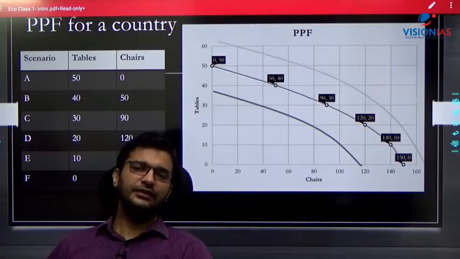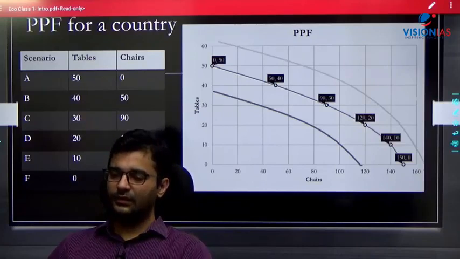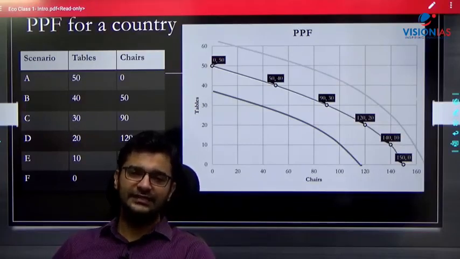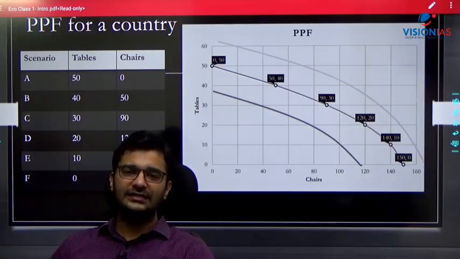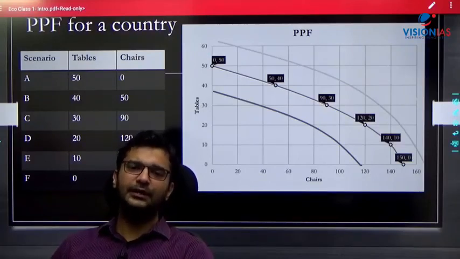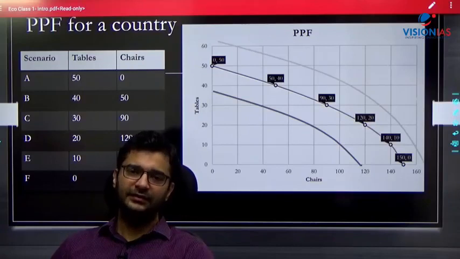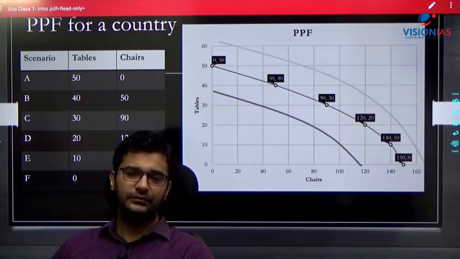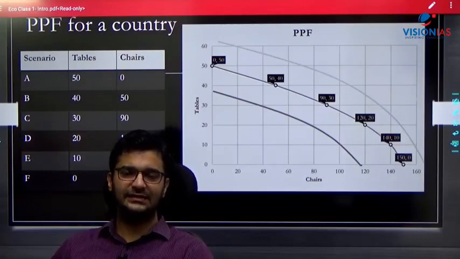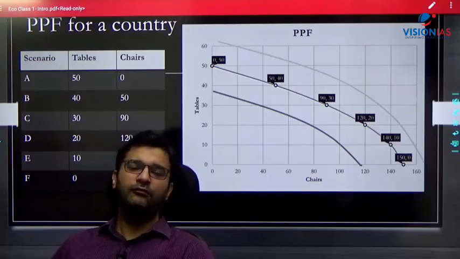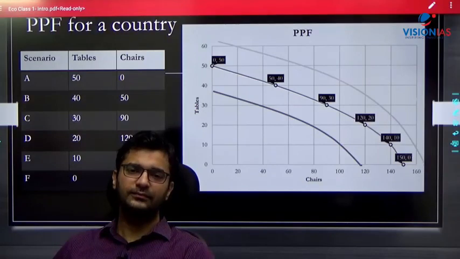If the person utilizes his time in a less than optimal manner, then his output would be less than what could have been produced by optimal utilization of time.